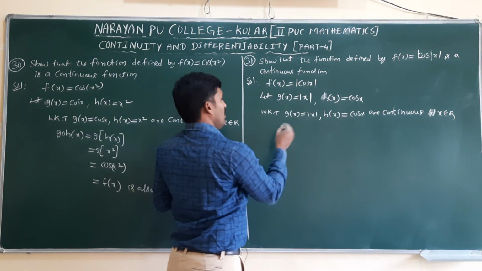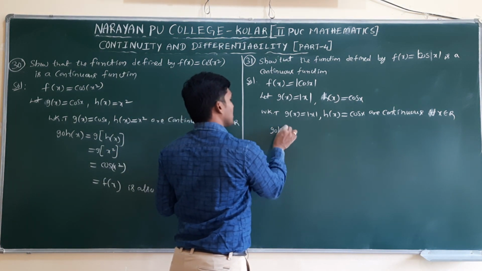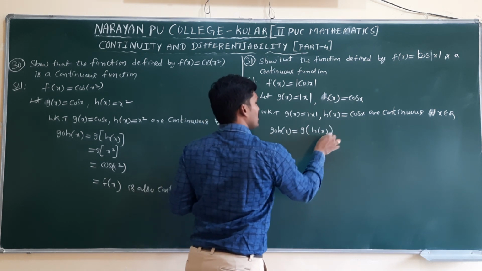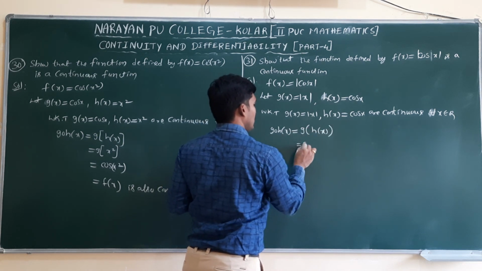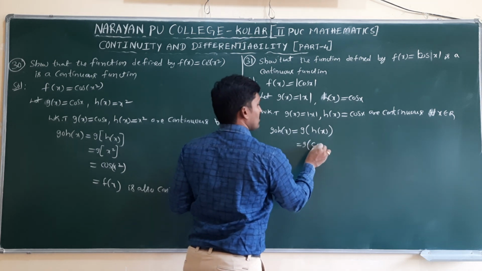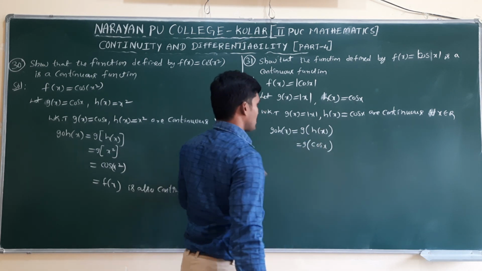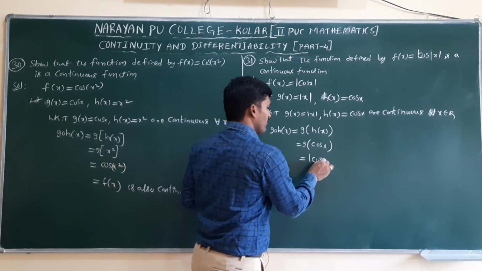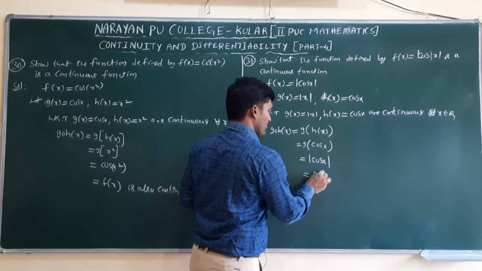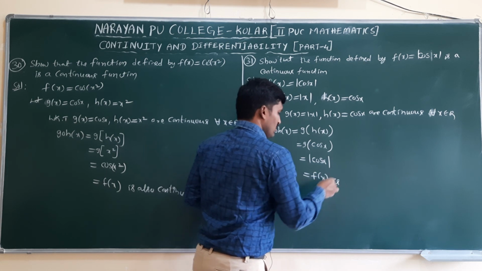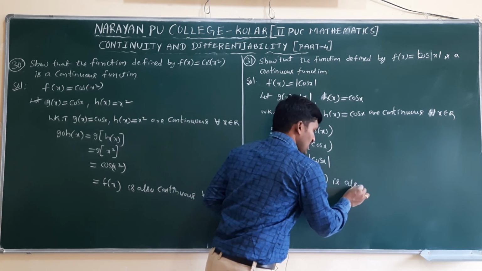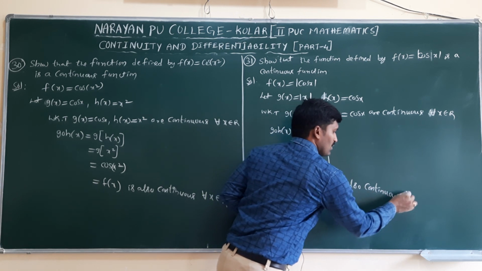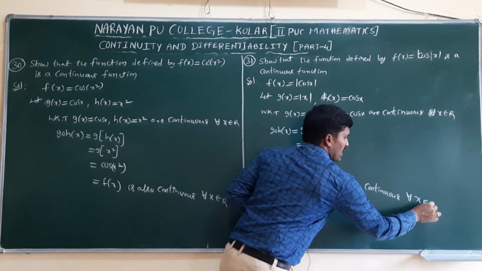That's why g circle h of x is also continuous. From g of h of x we need to generate f of x. h of x is cos x. This cos x we substitute in g in the place of x. So modulus of cos x, which is nothing but f of x, is also continuous for all x belongs to R.